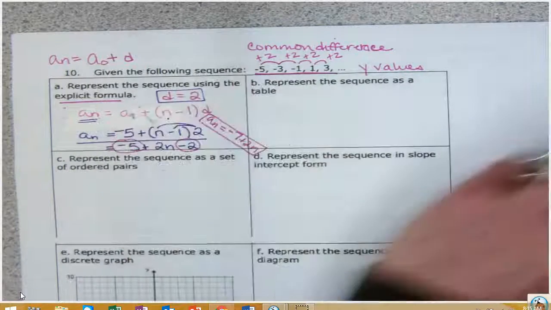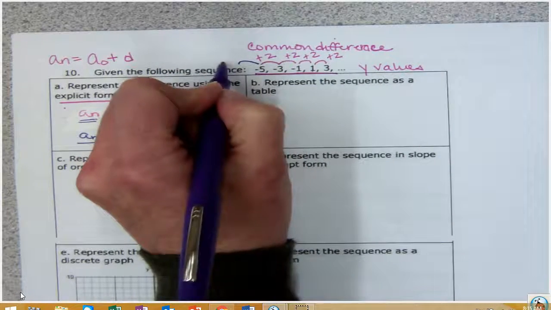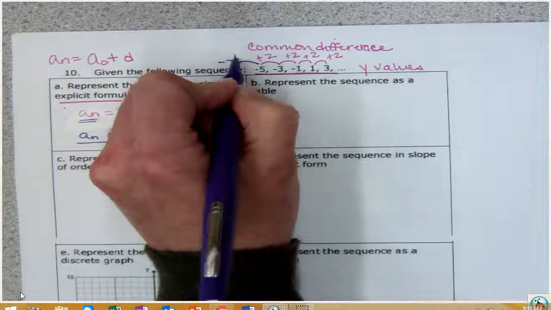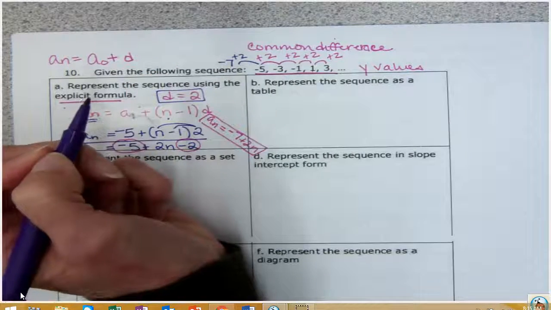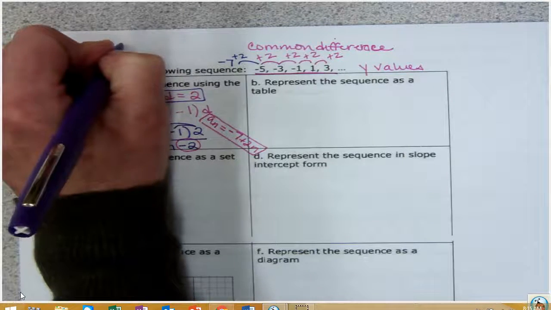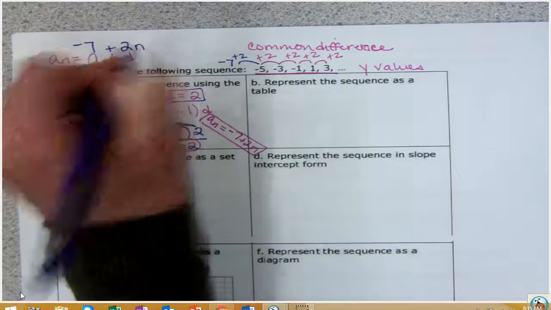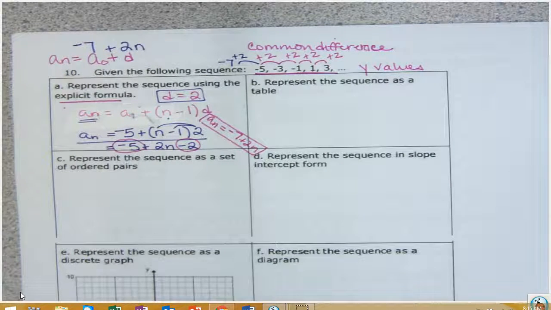If we worked backwards, what would give us negative 7 here, because that would be a plus 2 here, and your negative 7 there, plus your common difference, n. Whichever way makes more sense.